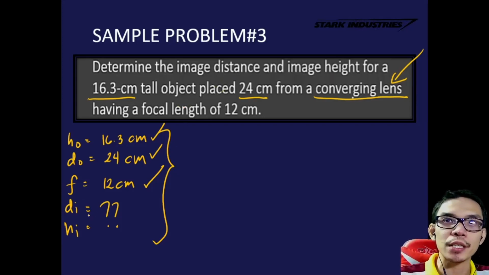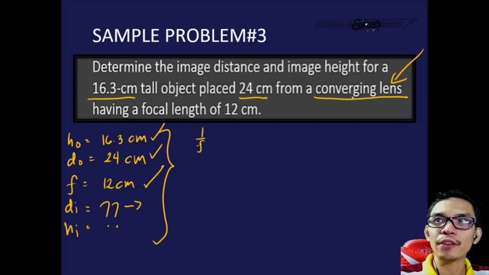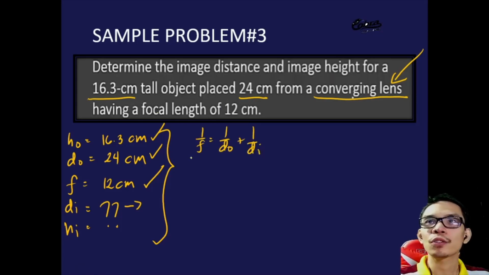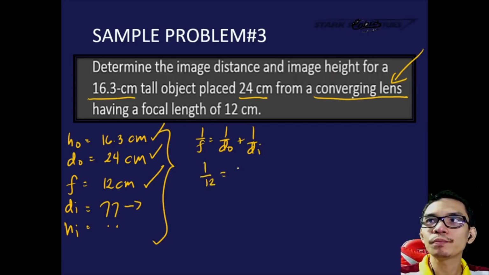The first process is to compute for d sub i. To compute for d sub i, we have 1 over f equals 1 over d sub o plus 1 over d sub i. So substitute: 1 over 12 is equal to 1 over 24 plus 1 over d sub i.